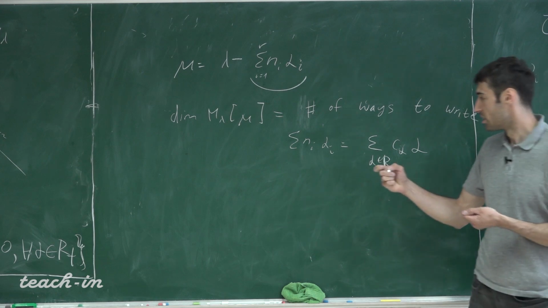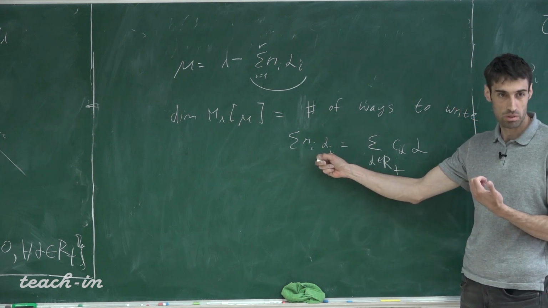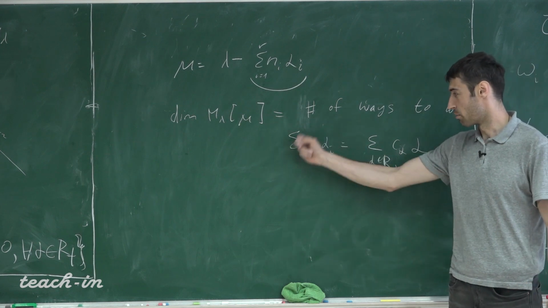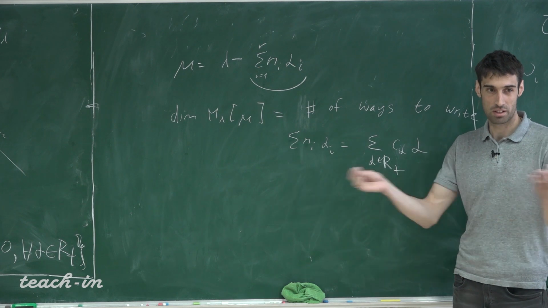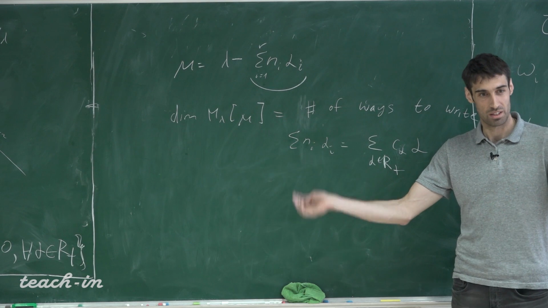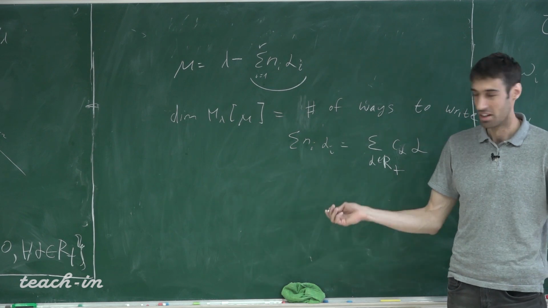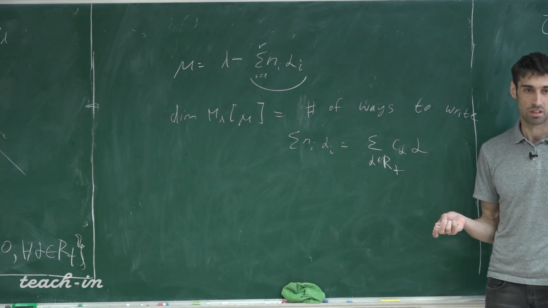Right? Of course, if I take only simple roots, there's only one way to write a vector like that, because it's a basis. But with positive roots, I have more than needed, right? So there are different ways how I can write a given vector using positive roots, right?